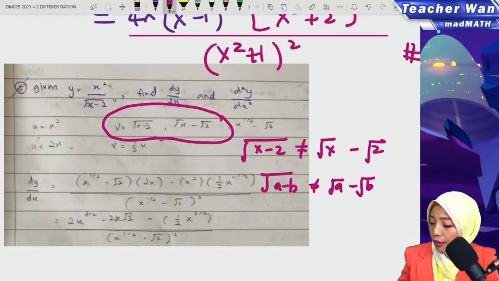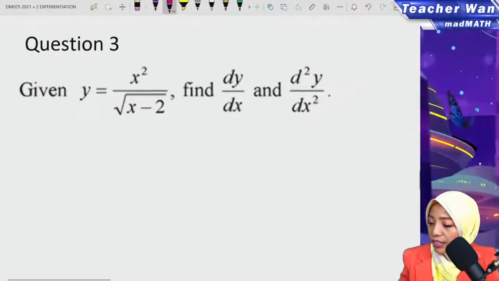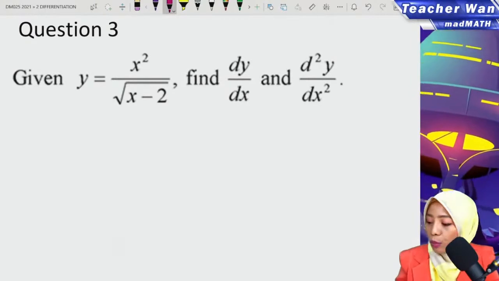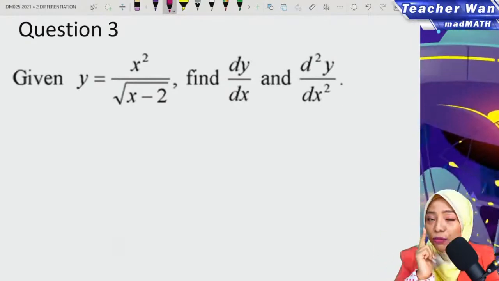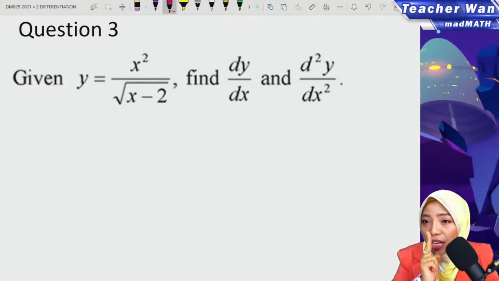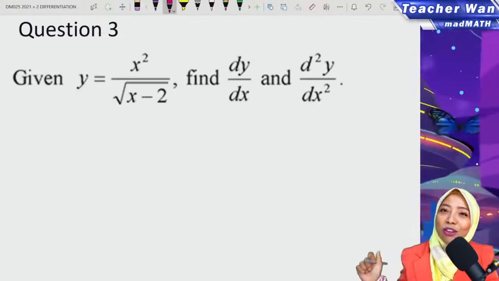Alright, let's proceed to our question 3. Our question 3 asks for dy over dx again, the first derivative, and the question also asks you for the second derivative. Make sure that you manage to get the first derivative correctly.